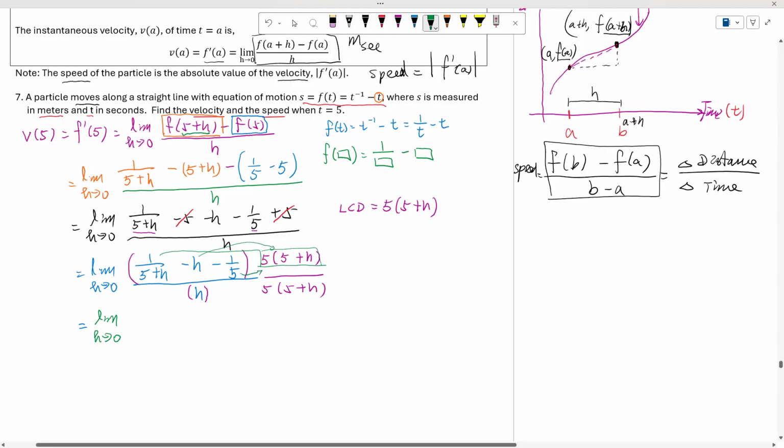This is the idea, right? 1 over 5 plus h multiplied by 5 times 5 plus h, minus h times 5 plus h, minus 1 over 5 times 5 plus h, all over h times 5 plus h.